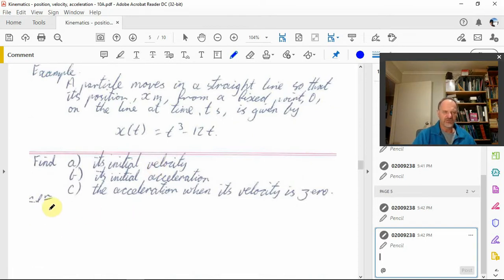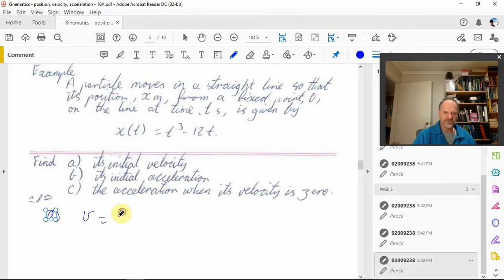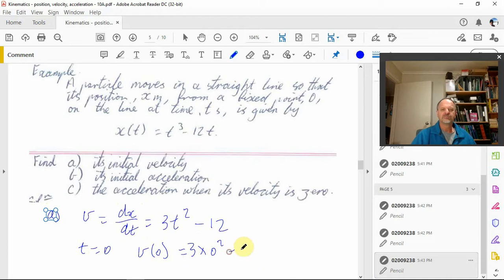First of all, our velocity dx dt should be 3t squared minus 12. And initial means t equals 0. So its velocity at time equals 0 is negative 12, and it's metres per second.